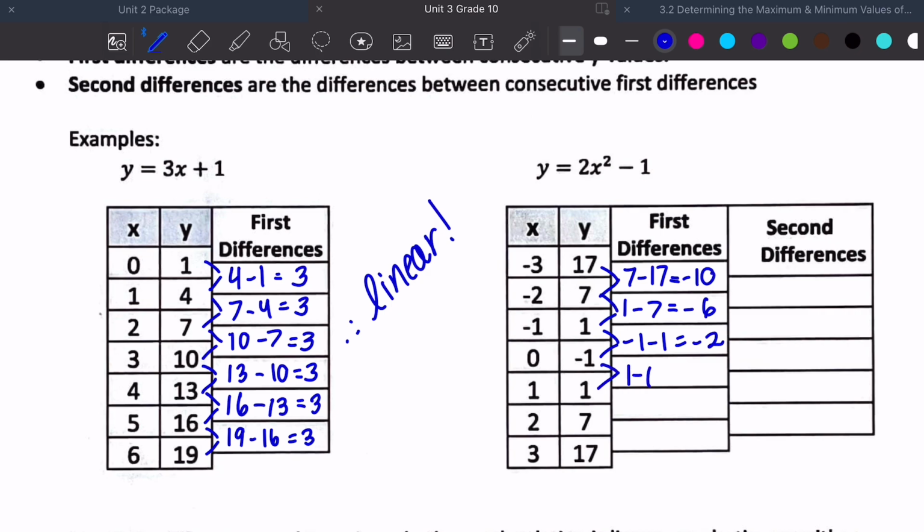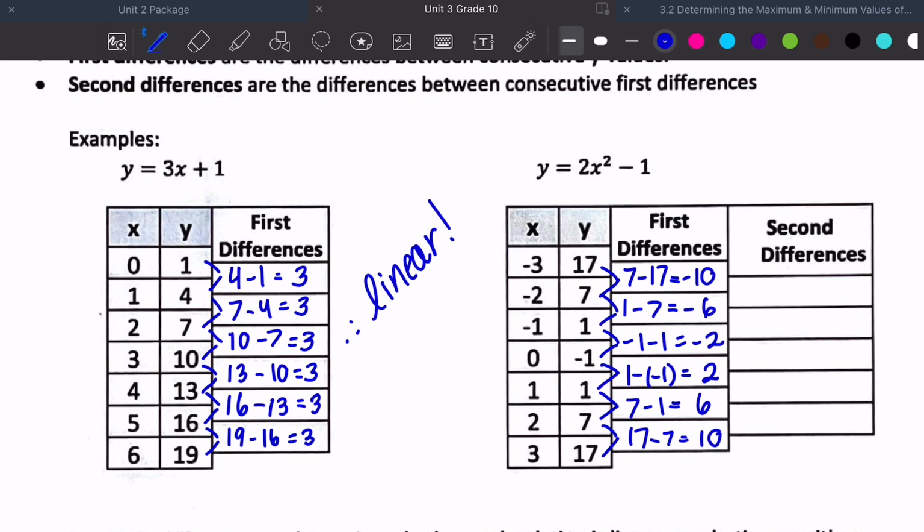And you can see 1 minus negative 1 gives me 2. And you'll see, wait a minute, these look like they're mirroring. Because now I'm doing all the positive numbers, whereas before I had the negative version of these numbers. So I have negative 10, negative 6, negative 2, and then all of a sudden it mirrors and now it's going 2, 6, 10. That's a hint, hint, nudge, nudge of the parabola, that mirroring effect that you see with the U.